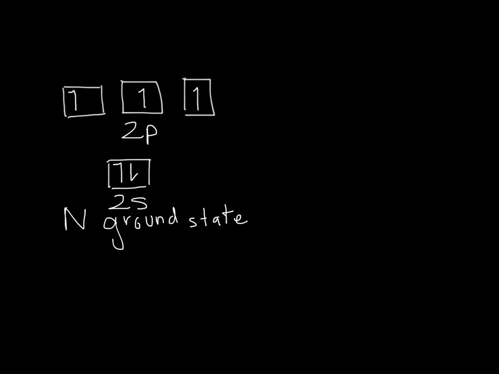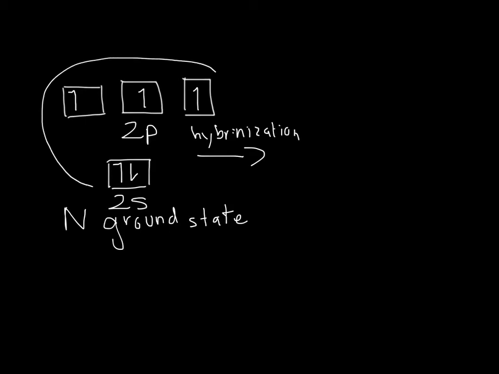We don't need to do the excited state because we already have 3 unpaired electrons that can bond to chlorine. So we don't have to do the excited state. We can go straight to hybridization. So we're going to hybridize all of them.